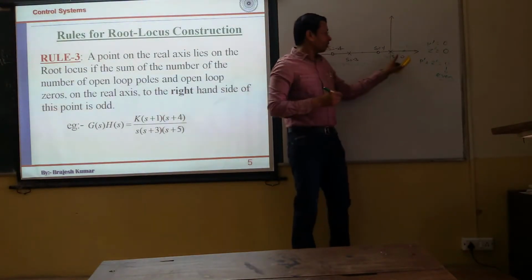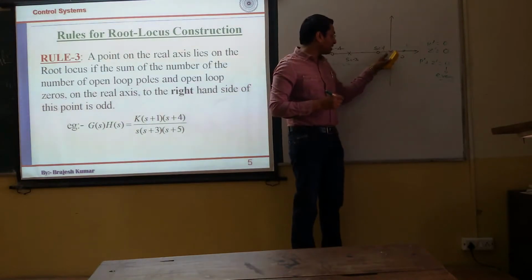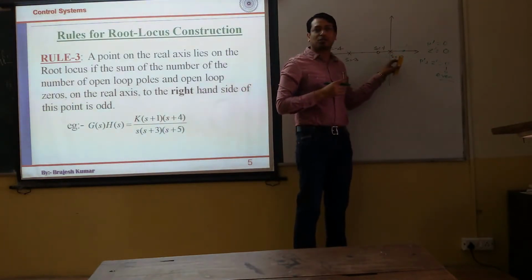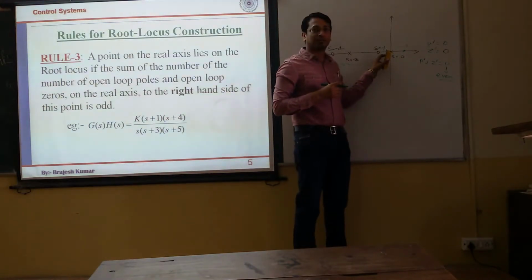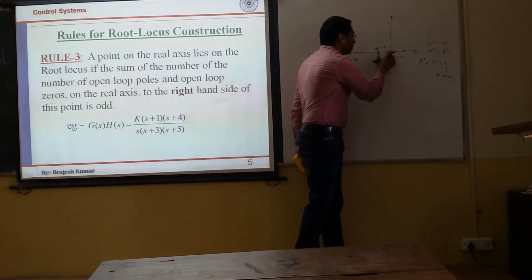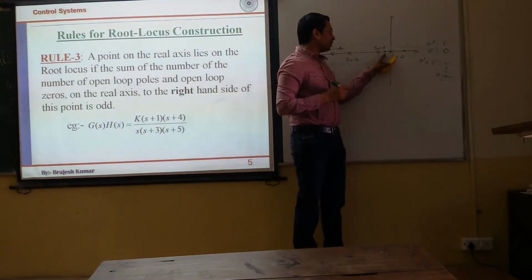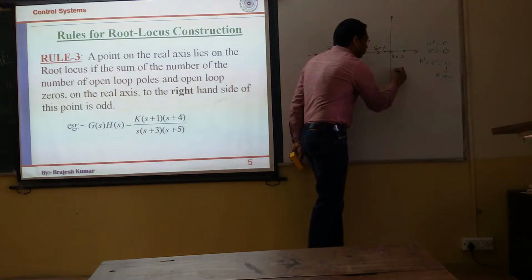Once again, try to understand with the section of the real axis which lies between s equal to 0 and s equal to minus 1. For this section, take any point. Suppose this point. For this point, what is the value of P dash?